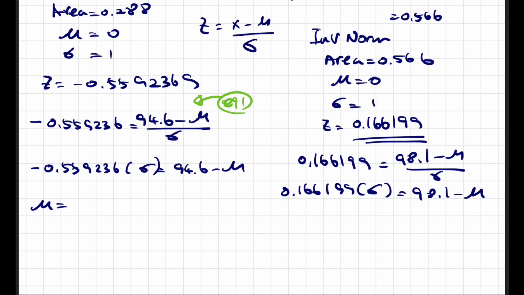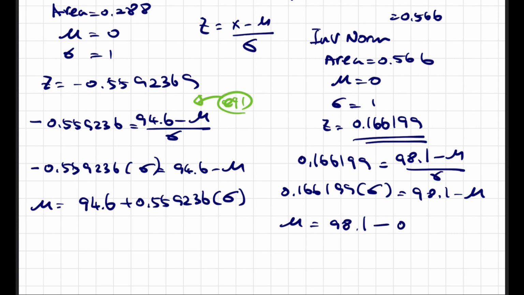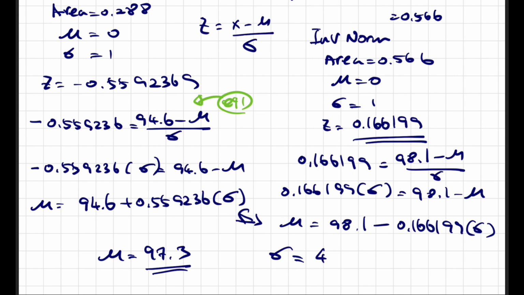So mean is equal to 94.6 plus 0.559236 standard deviation, and mean is equal to 98.1 minus 0.166199 standard deviation. Then we set these two equations equal to each other and solve, and the mean is 97.3, and the standard deviation is 4.82.